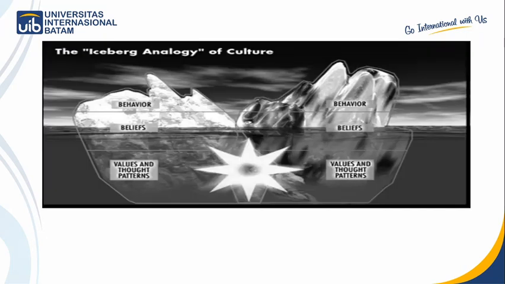And this is the iceberg analogy of culture. What we see on the surface is the behavior itself. But what makes the behavior that way? There is a big iceberg under the behavior, under the surface that we see.